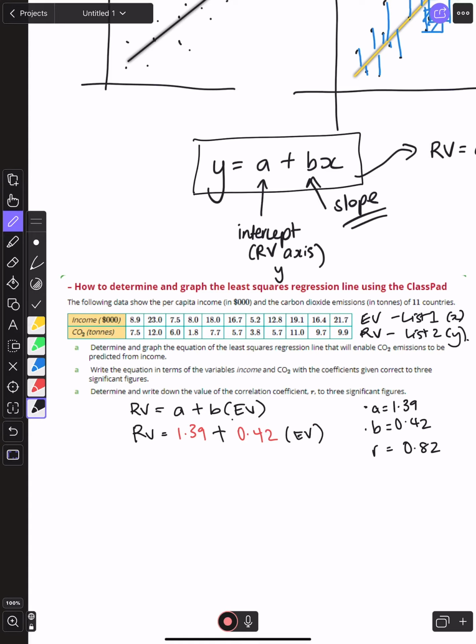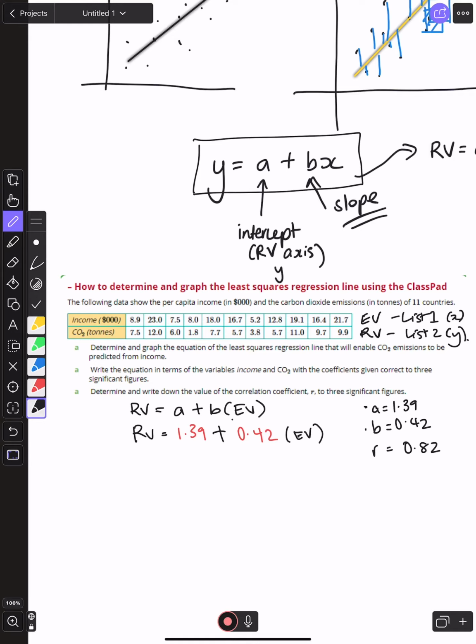Now, the third step is I need to change the response variable and the explanatory variable positions in the equation to what the actual variables were in the question, because at the moment there's nothing in the question that talks about explanatory variables and response variables. The question is clearly talking about capita income and also the CO2 tons.